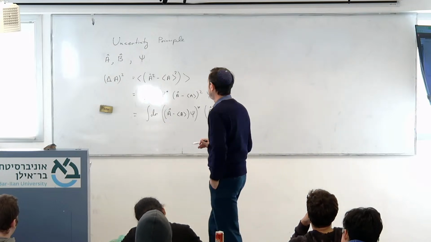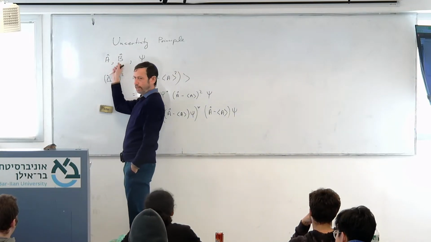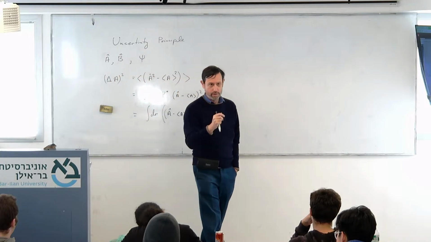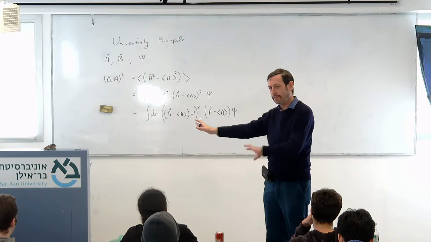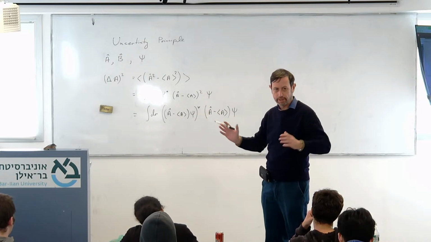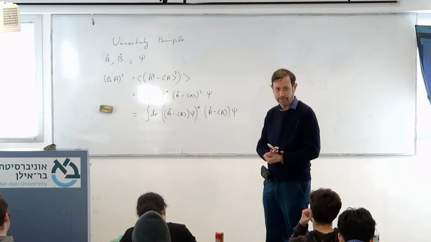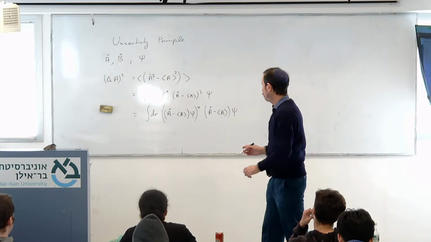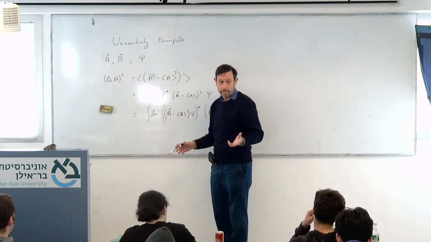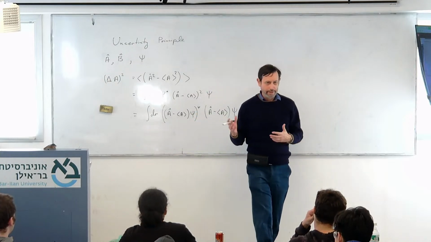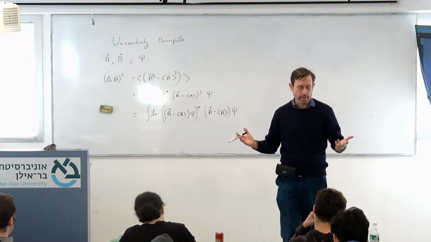Remember, any physical operator is Hermitian, so the simple rule of thumb: you can operate it on the right or on the left, you're welcome. It doesn't make any difference. So here I took the square and operated one to the left and one to the right. Why? You don't see yet, but is it legal?